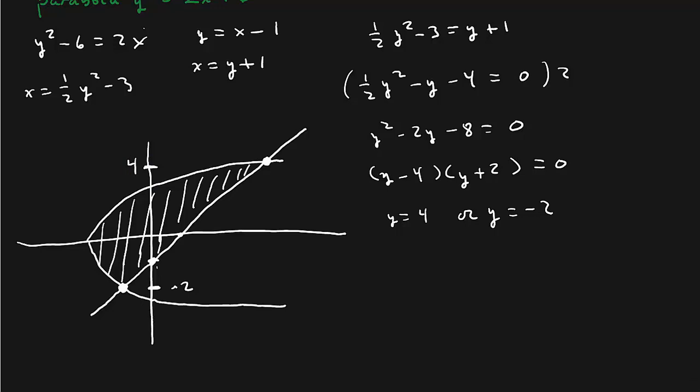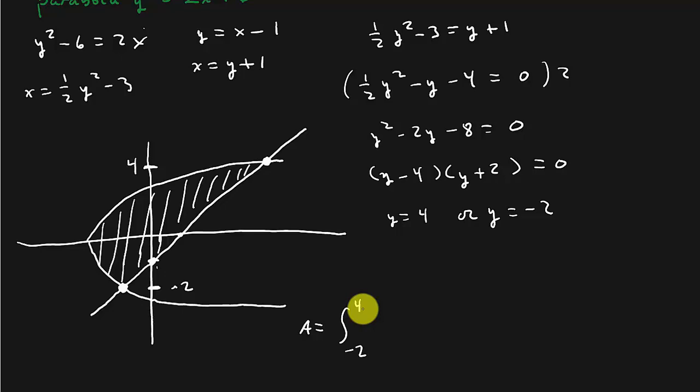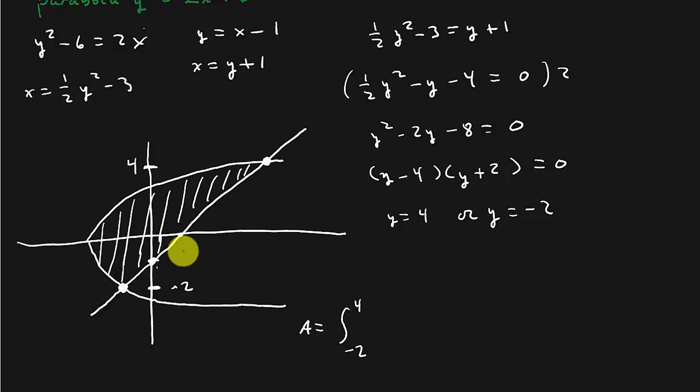All right, now we need to set up our integral. So the area is equal to, and that's going to be from -2 to 4. Now, how do we set this one up? Remember, when we were in terms of x, it was the function on top minus the function on bottom. Well, for this one, we're integrating with respect to y, so it's going to be the function on the right minus the function on the left.